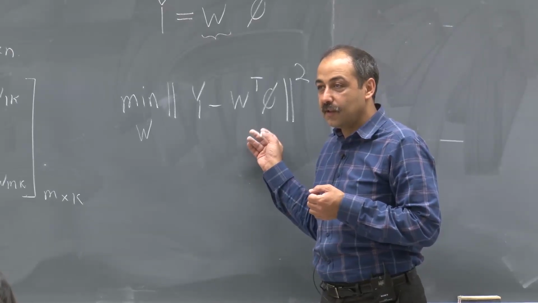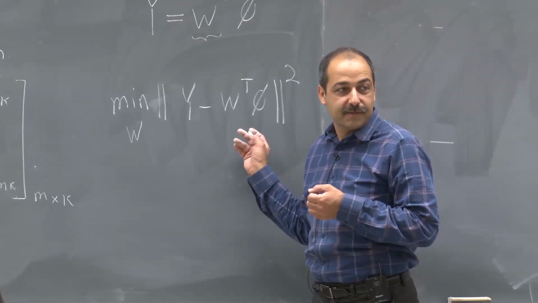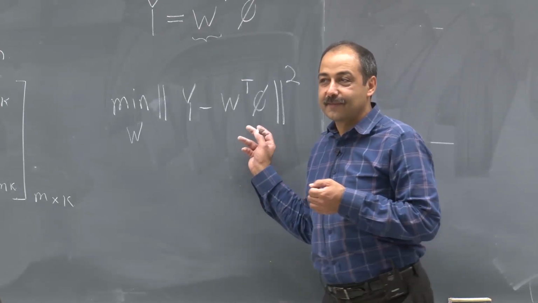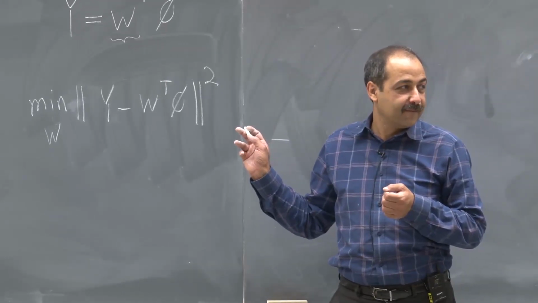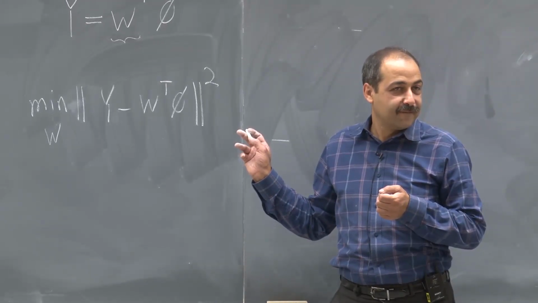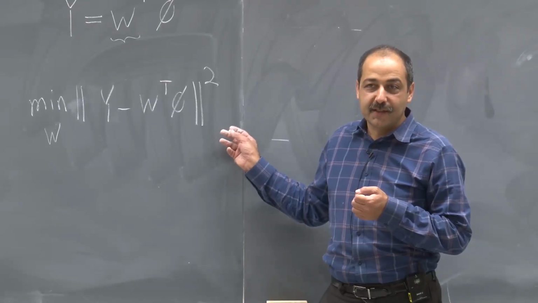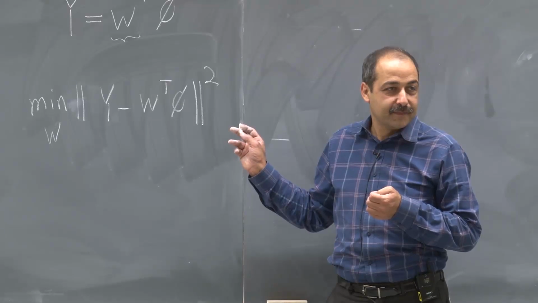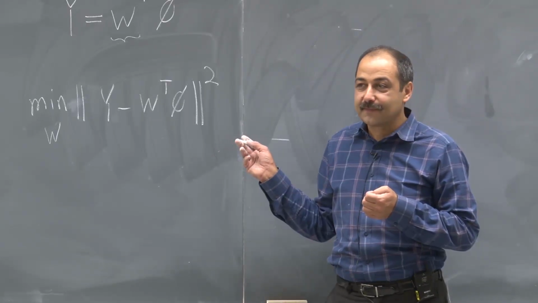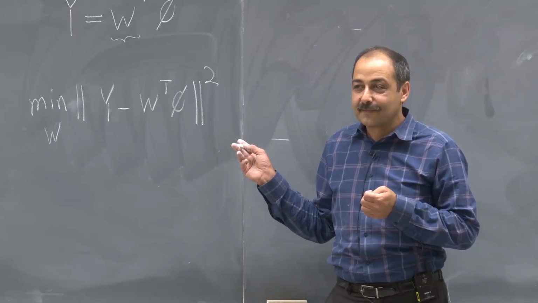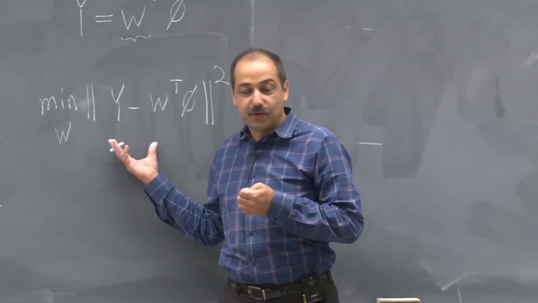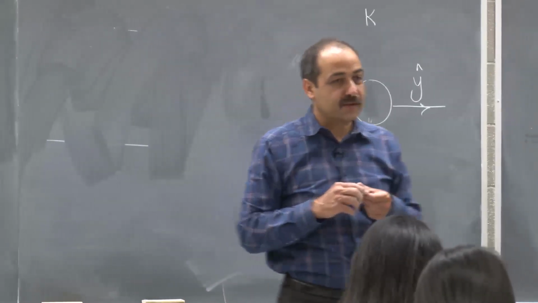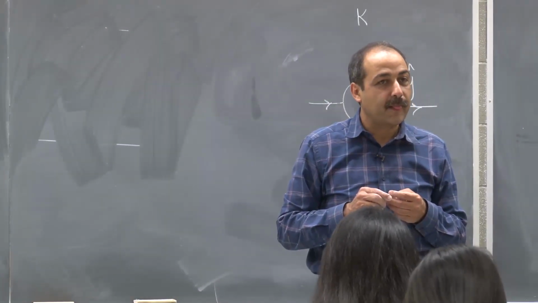Take the derivative of this and do gradient descent, update W? Is it good if I do gradient descent here? Do I need to do gradient descent here? Yeah, it's just least squares. It has a closed form solution. You don't need to do gradient descent. You can find it in closed form. You can tell me what the solution is.